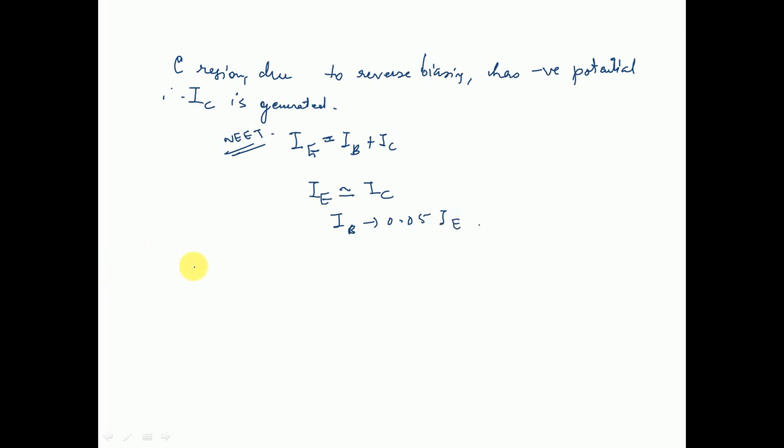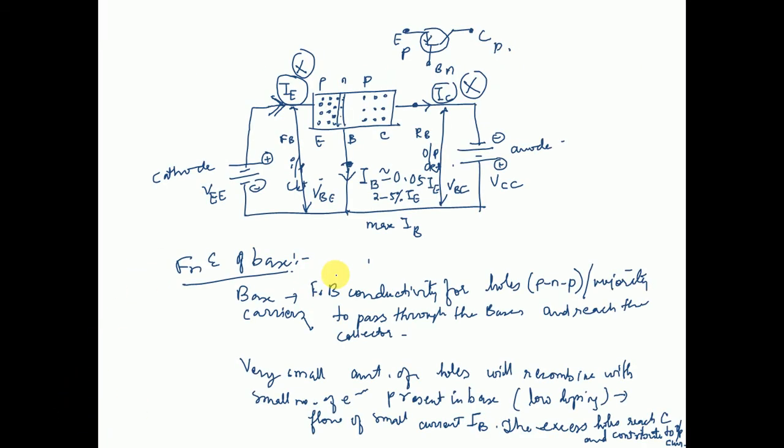Can we imagine a situation when the base is disconnected? Let's look at the diagram here. Suppose I put a switch here and I disconnect this entire circuit at the position of the base. Then what will happen? The input circuit will no longer be forward biased. Yes or no?